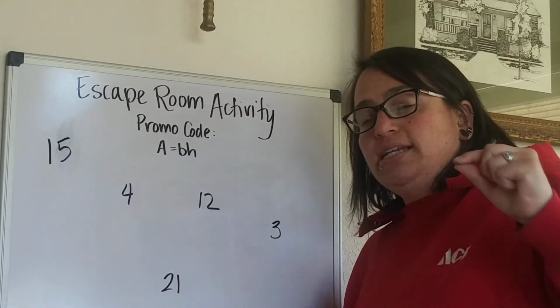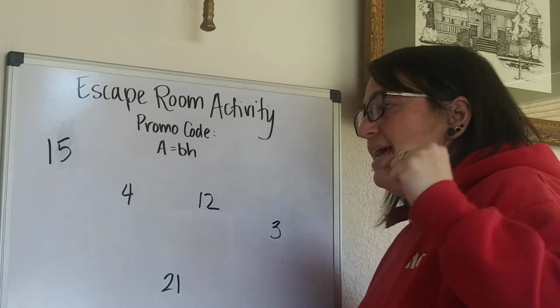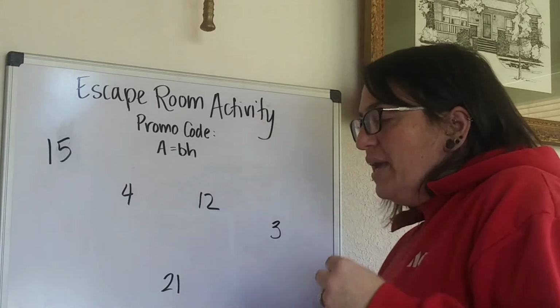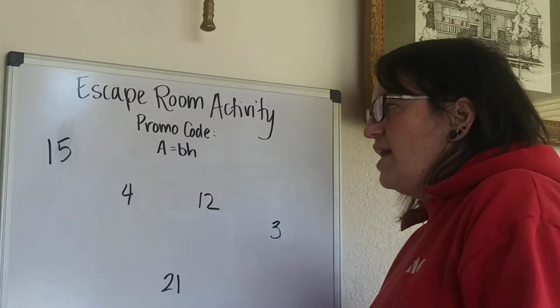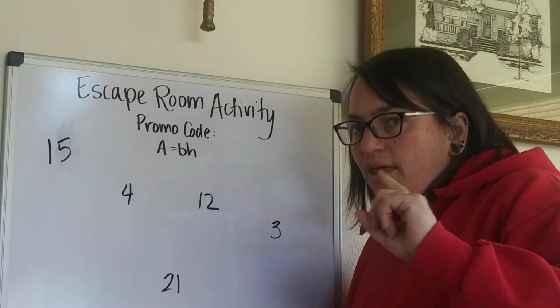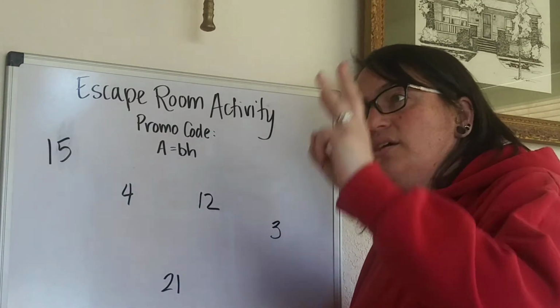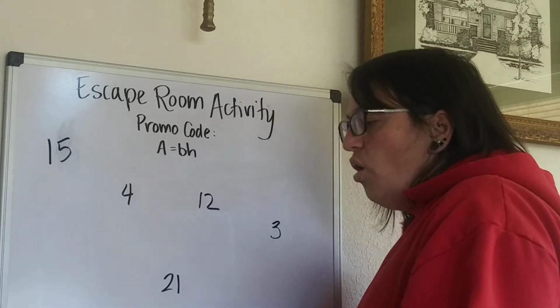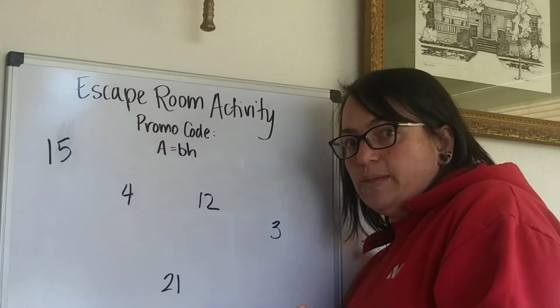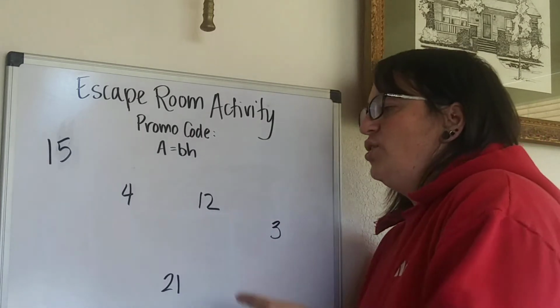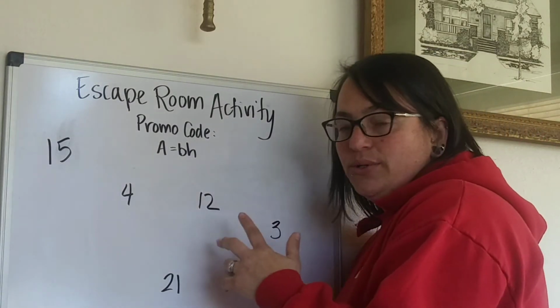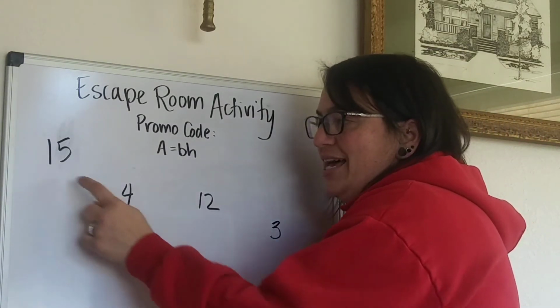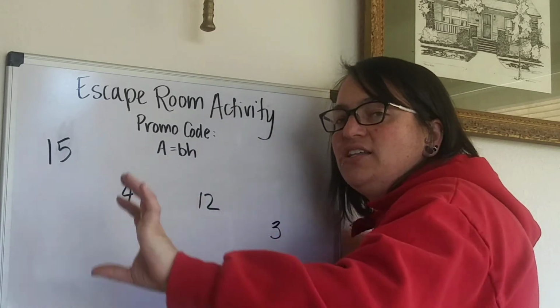I have included an attachment in the Google Classroom that is the decoder. Basically, if the letter A equals 1, and B equals 2, and C equals 3, and D equals 4, and E equals 5, and F equals 6, and so on and so forth, all the way to 26, which would be Z, we need to use that code to convert these numbers into letters and then unscramble them.